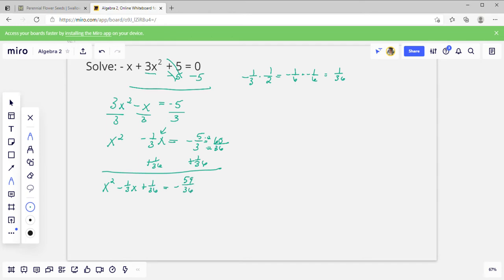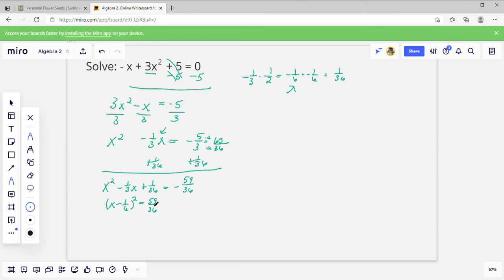All right, now we can factor that into x minus, it's always going to be this term right here, the one that you did 1/2, so 1/6, squared, equals negative 59/36. So if we added 1/6 plus 1/6, we'd get 1/3, and 1/6 times 1/6, we'd get 1/36.